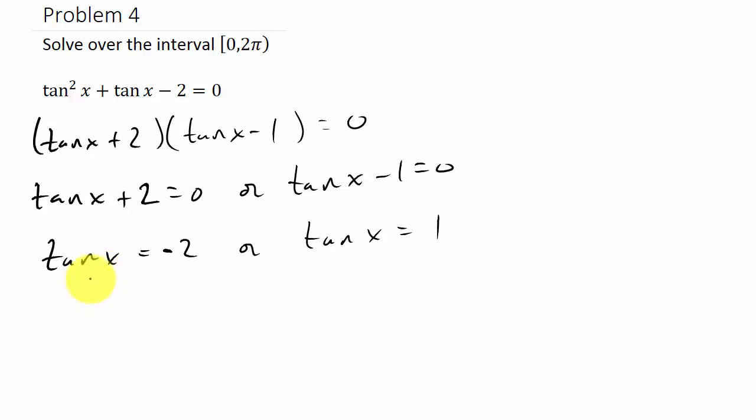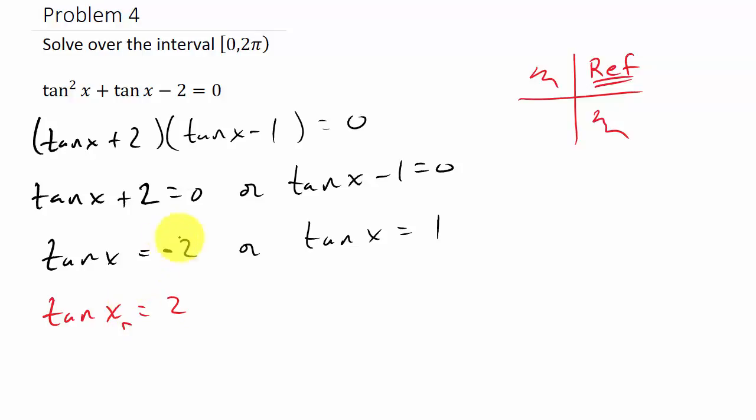My solution is going to be in the second and fourth quadrants, because that's where tangent is negative. So I have to find my reference angle, and remember, your reference angle is the angle that's in the first quadrant. To find it, I'm going to say tangent x equals positive 2, with a subscript r to let me know that this is my reference angle.